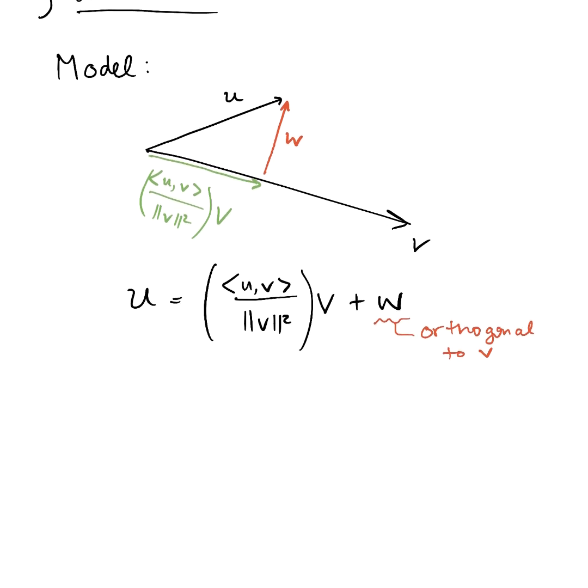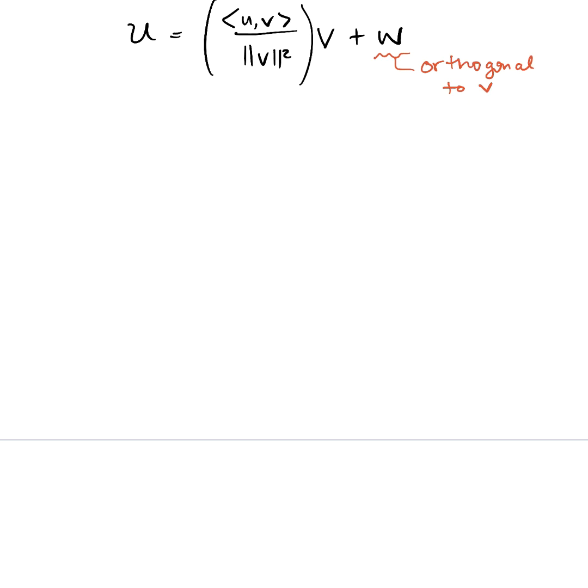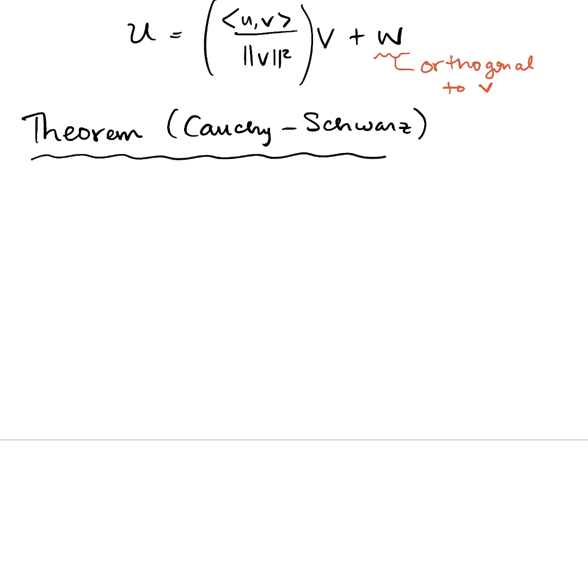Okay, here we go. Theorem. We will get a lot of mileage out of this theorem. It is called the Cauchy-Schwarz theorem. Here's what it says. Let V be an inner product space.